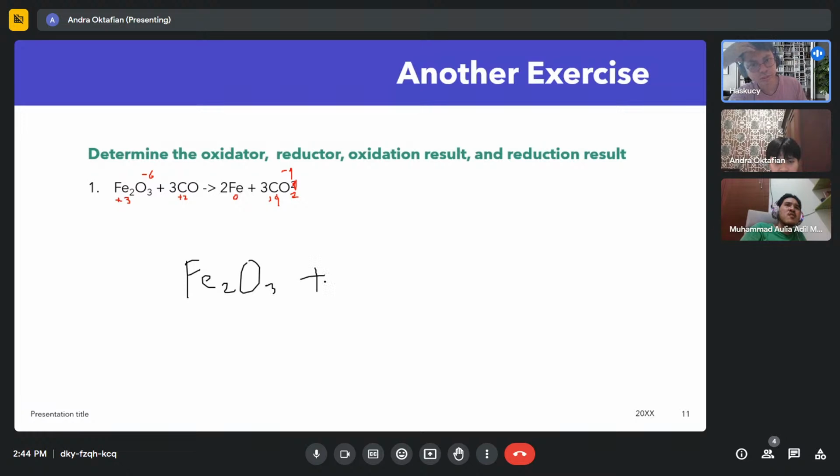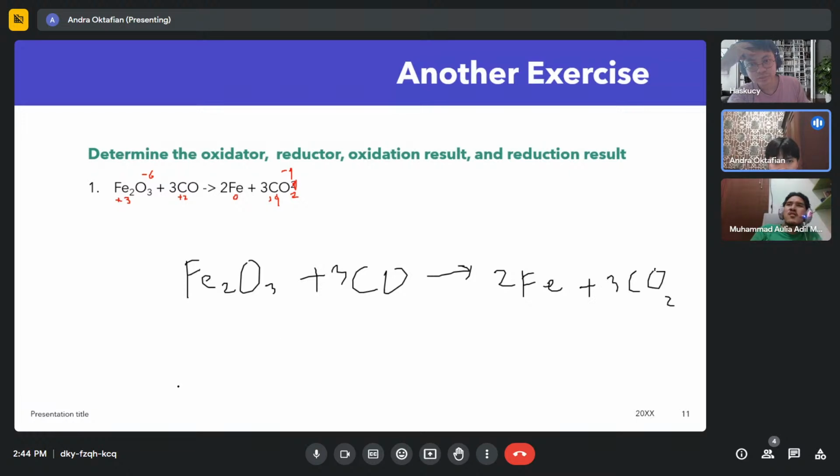What do you mean by reductor? For example, is ferro a reduction or oxidation?